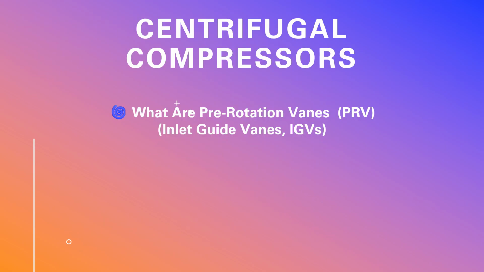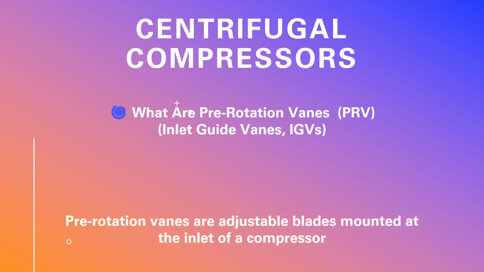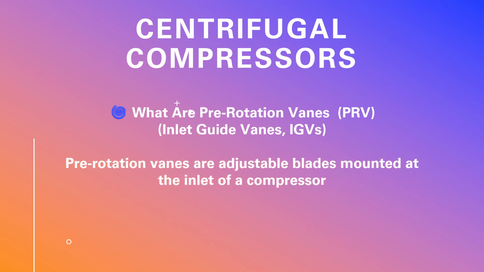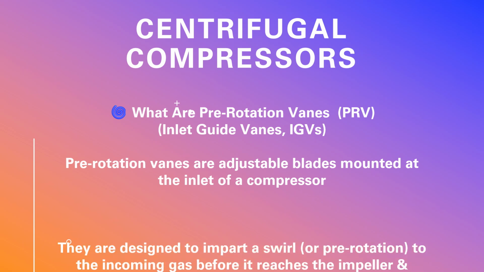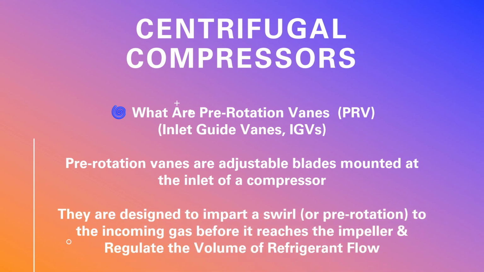So I hear you ask, what are pre-rotation vanes or IGVs? Inlet guide vanes. Well, the pre-rotation vanes are adjustable blades mounted at the inlet of a compressor. They are designed to impart a swirl or pre-rotation to the incoming gas before it reaches the impeller, and it regulates the volume of refrigerant flow through the compressor.